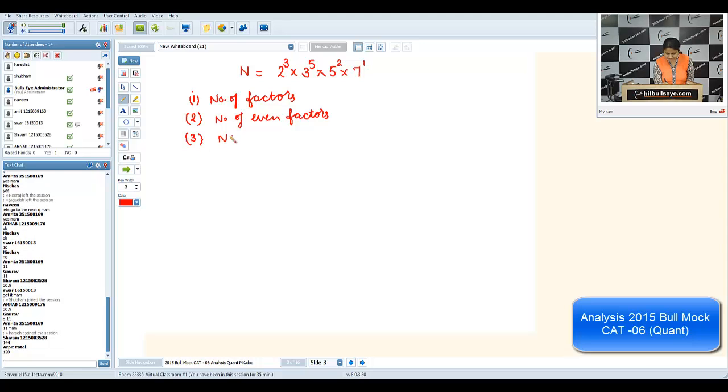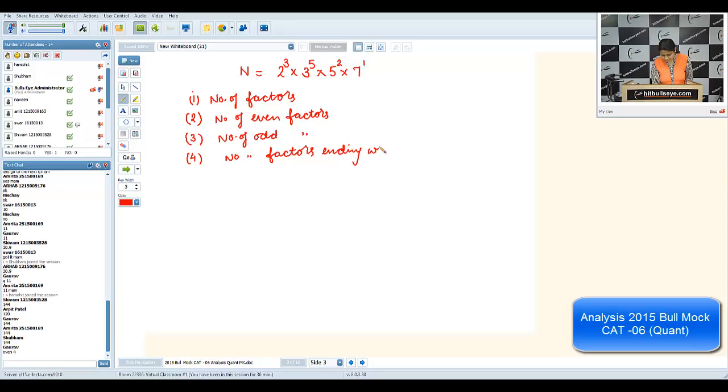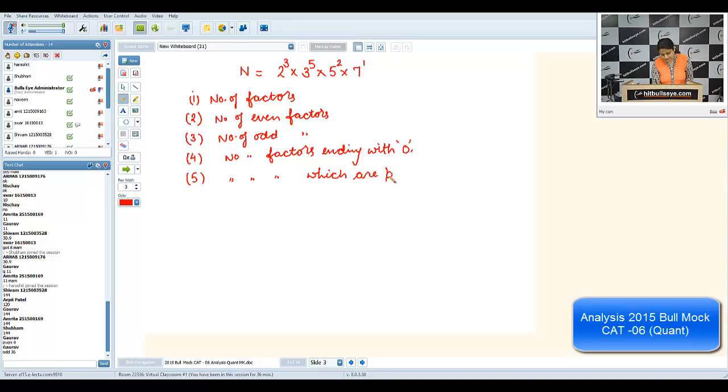Then the number of odd factors. Then the number of factors which are ending with 0. I'll explain each and every part. Then the number of factors which are perfect squares. I think these many parts are sufficient to explain the factor theory.